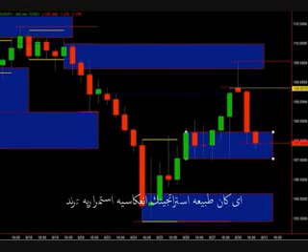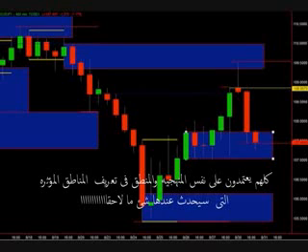Whatever that strategy is, whether it be a reversal, continuation, trend, whatever your strategy is. But all I'm trying to do at this point with this methodology, with this logic, is to identify a location that is interesting, where the next something could happen.